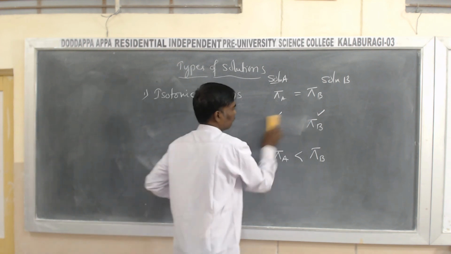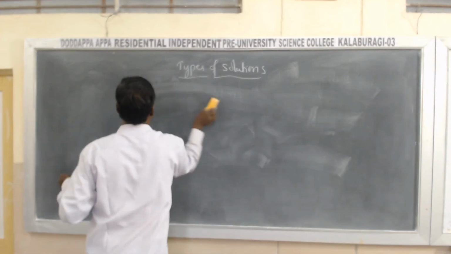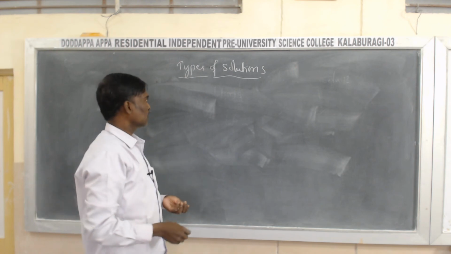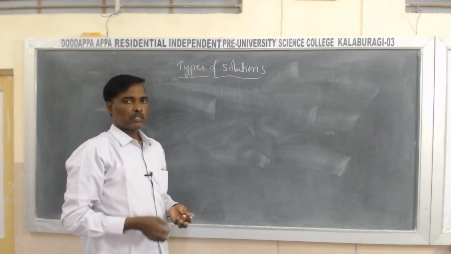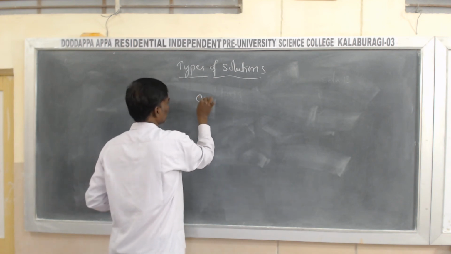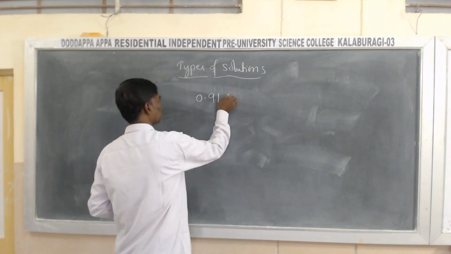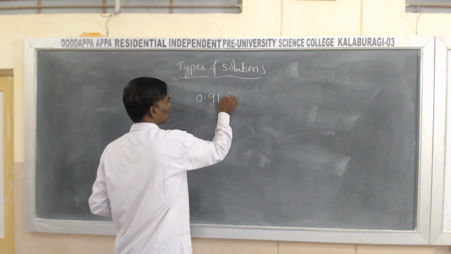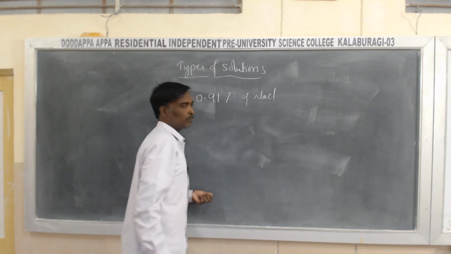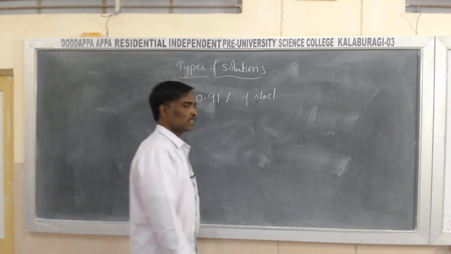Normally, the saline water: the concentration of saline water is 0.91% of NaCl. A 0.91% salt solution is called saline water.